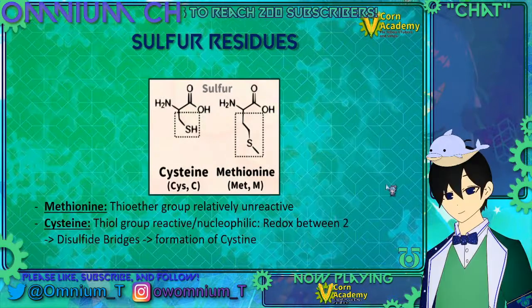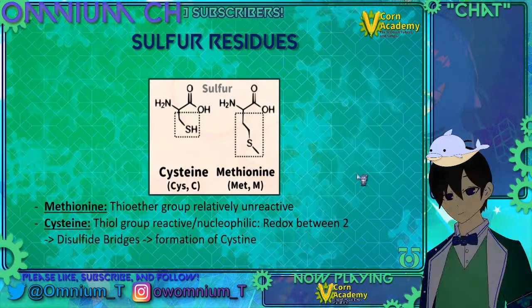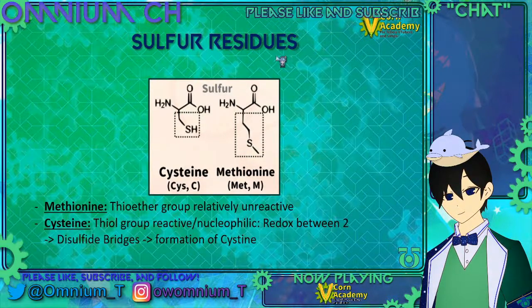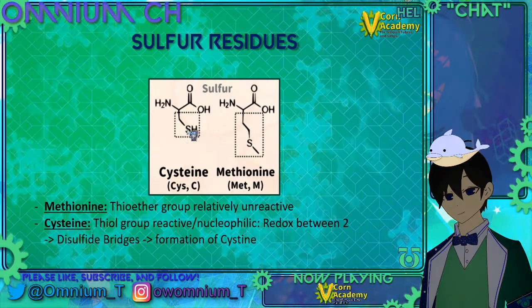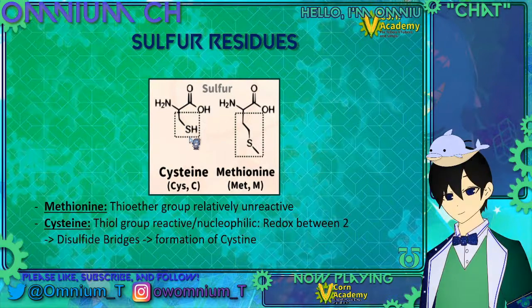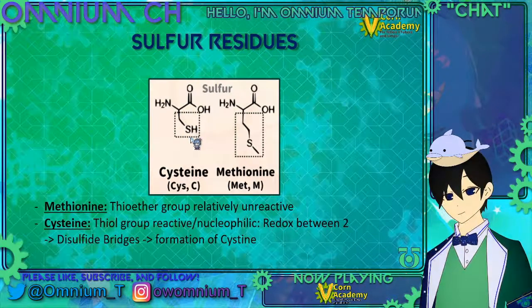Next are the sulfur residues. Methionine is one of the only ones. Compared to cysteine, methionine is more unreactive. The reason is that the SH group right here, the sulfur, is kind of like an oxygen.